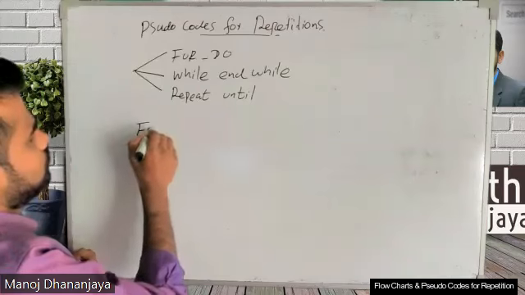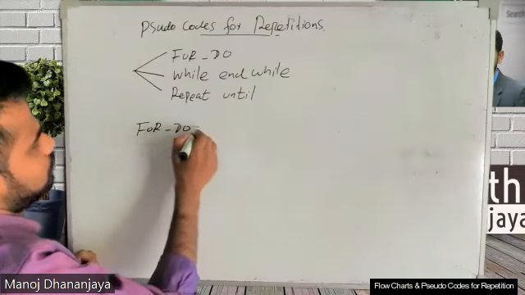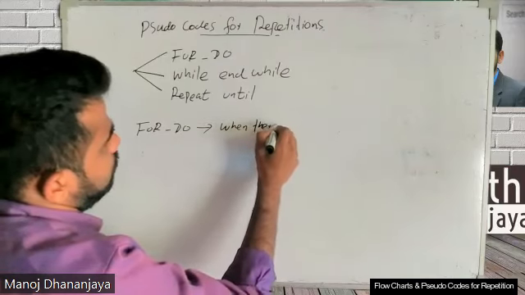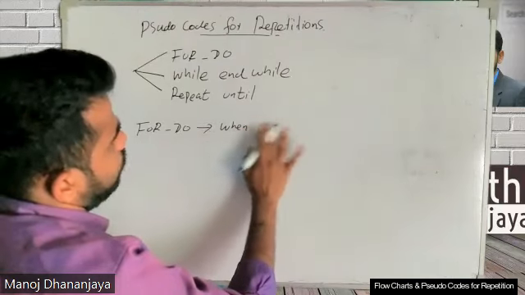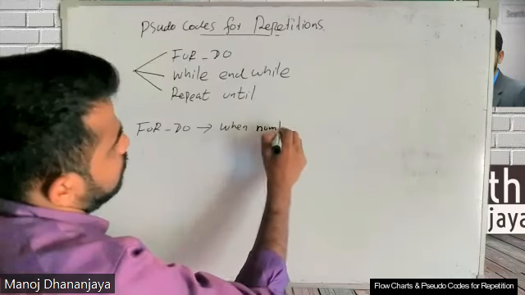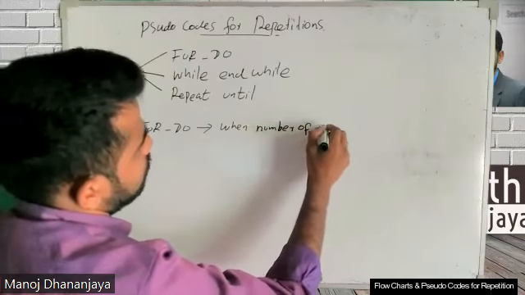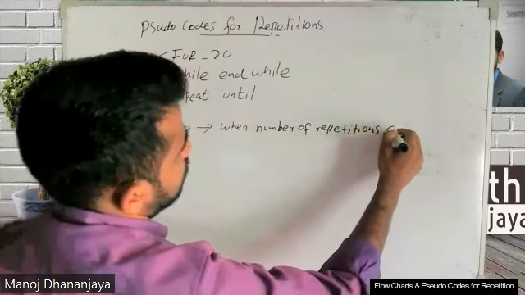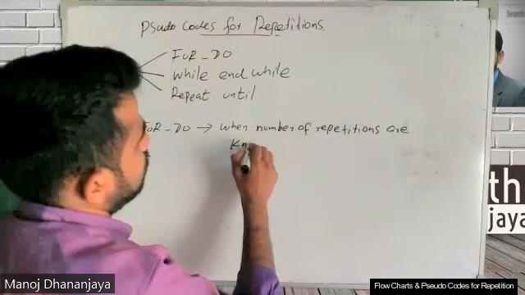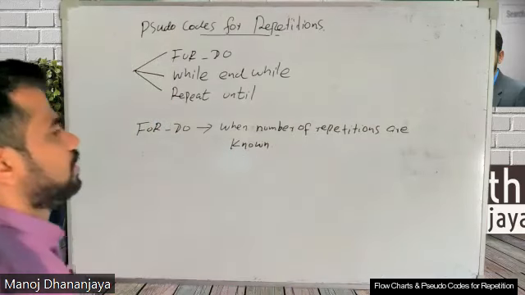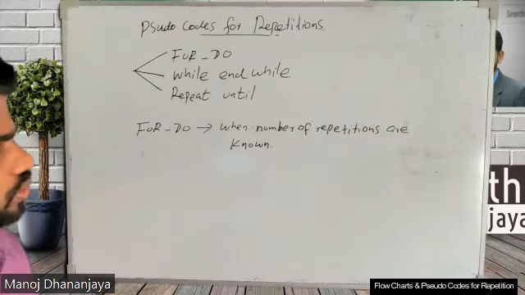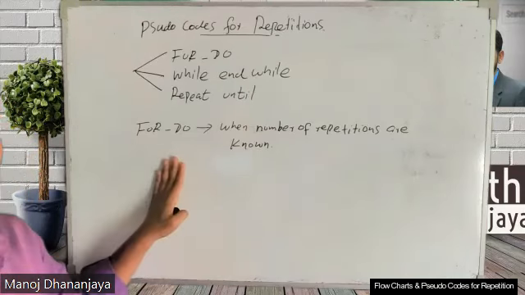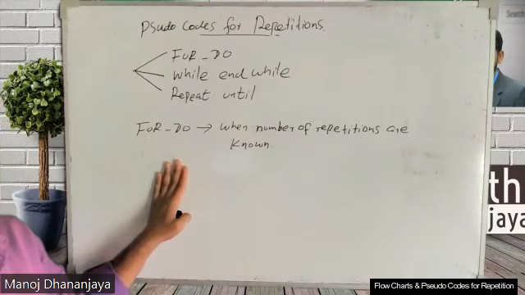Here, for do, when the number of repetitions is known. Later, we will discuss this method, not now, right?